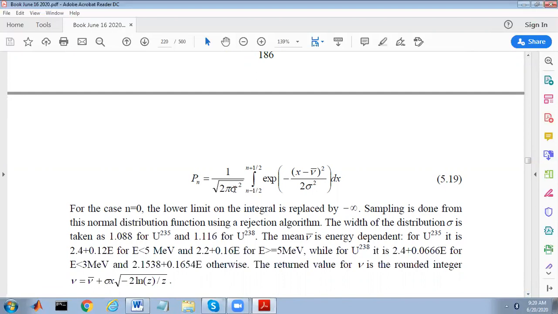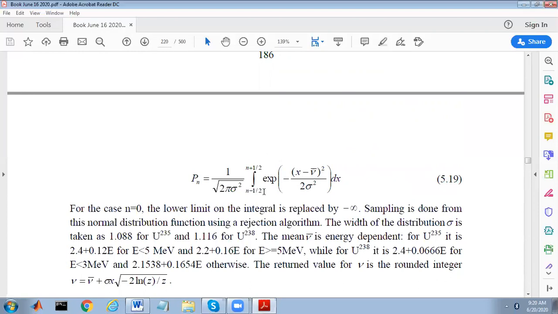Now, you saw in one of the previous lectures that randn is the MATLAB function that gives you a random number from a standard normal distribution, meaning a normal distribution with a mean of 0 and a variance of 1.